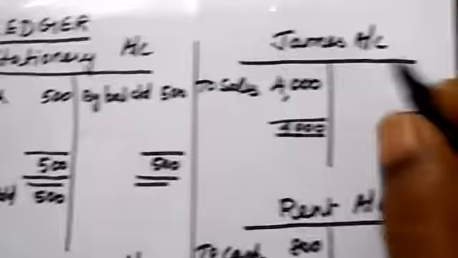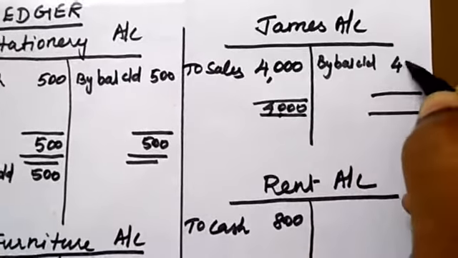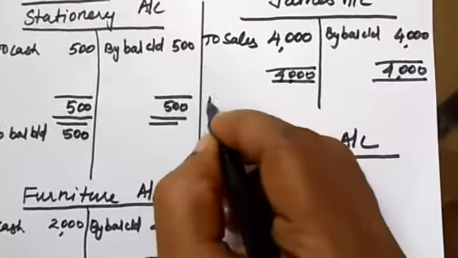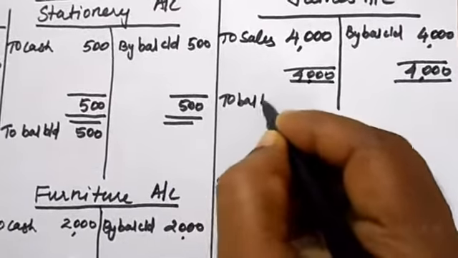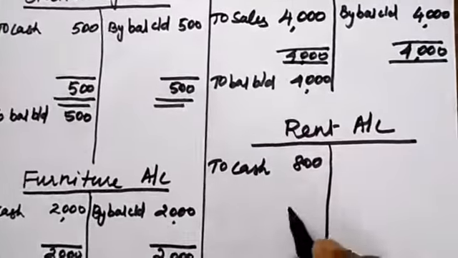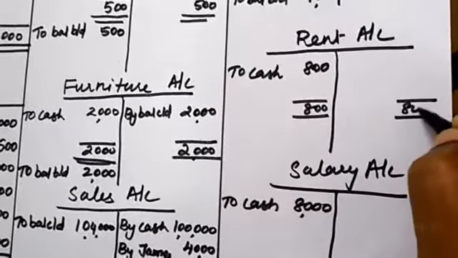4,000, credit side no amount. So by balance carry down 4,000, opposite side to balance brought down 4,000. Then rent account, 800.